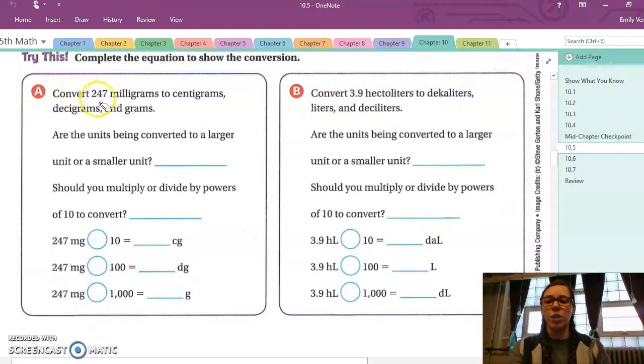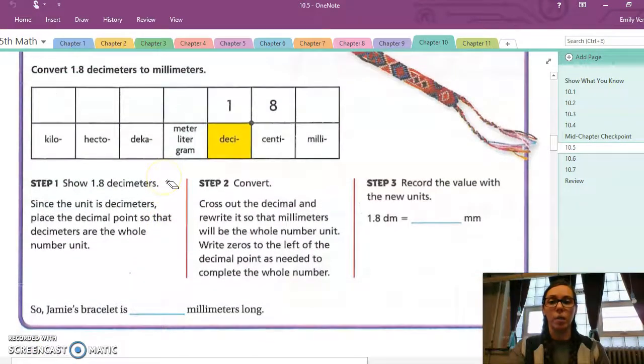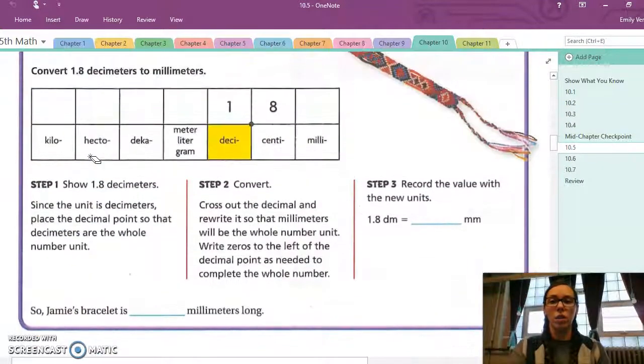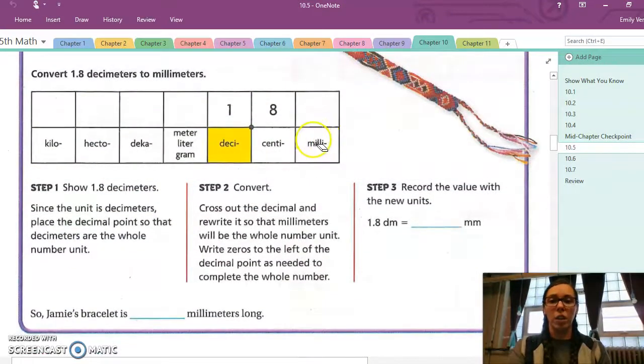Convert 247 milligrams to centigrams, decigrams, and grams. The first thing we have to ask ourselves is, are the units being converted to a larger unit or a smaller unit? So if we look at our table here, we're starting with milligrams and going to centigrams. So are we getting bigger or smaller?